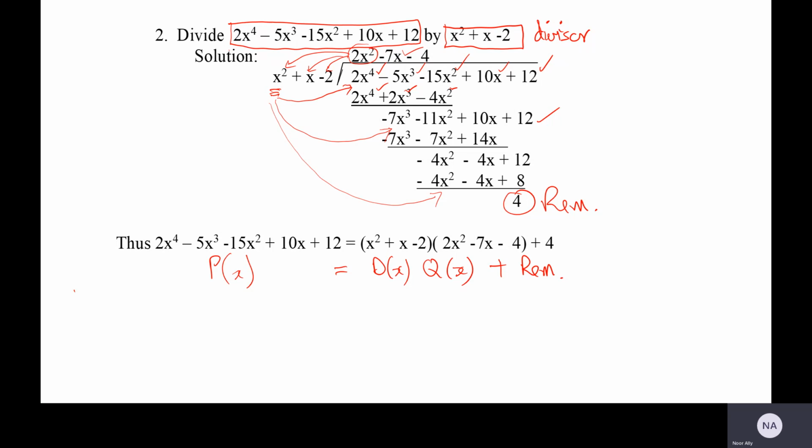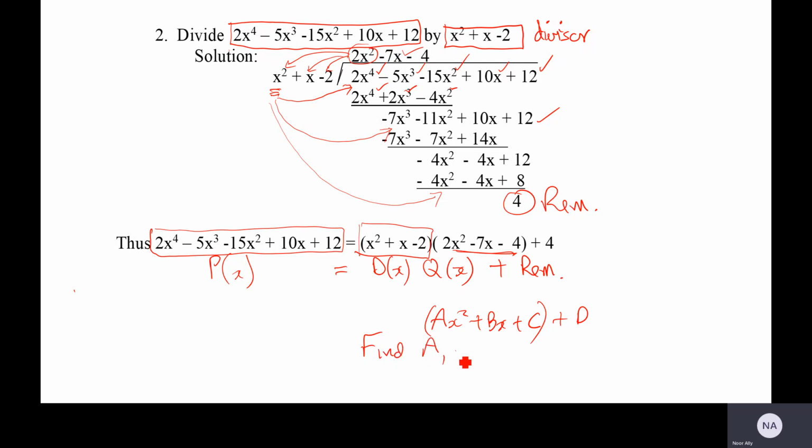Well, consider that I could give you this entire dividend and the divisor, and then instead of giving you the quotient, I would say something like this: ax squared plus bx plus c plus d, and then ask you to find a, b, c, and d. So be careful how a question like this could be phrased.